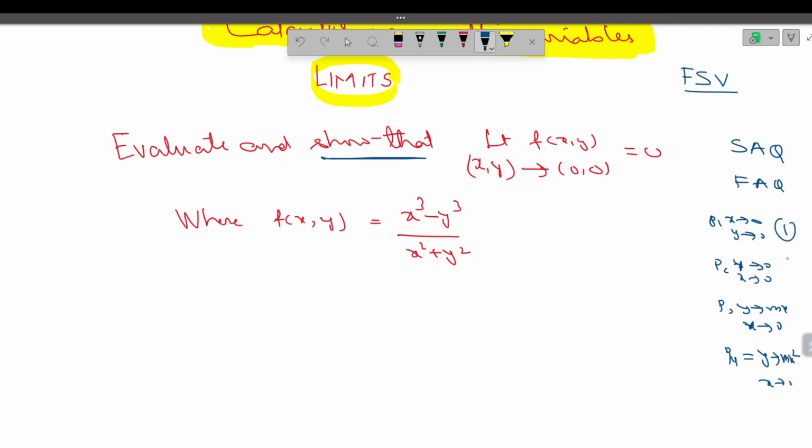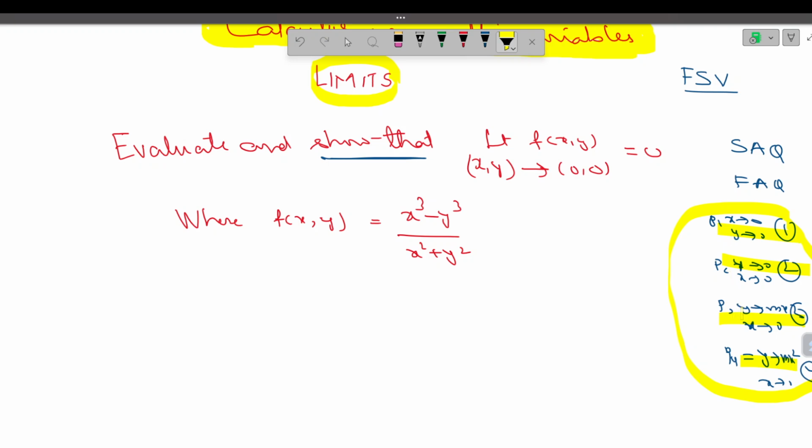So this is P1, P2, P3, P4. Four ways you have to do, along the four paths. One by one.